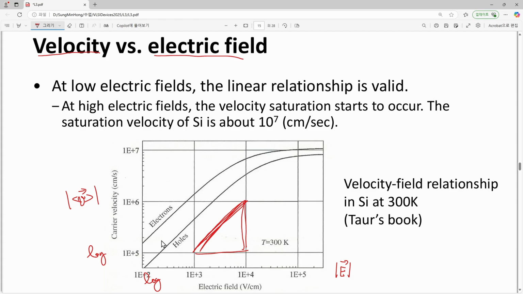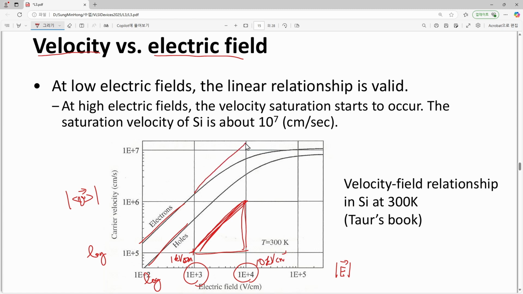And as you can see here, electrons and holes show quite good linearity up to, for example, 10 to the 3 volt per centimeter. So 1 kilovolt per centimeter. However, if we go to 10 kilovolt per centimeter, how does it look?